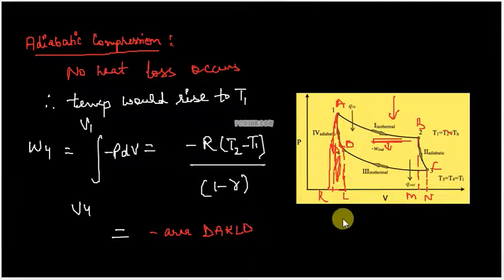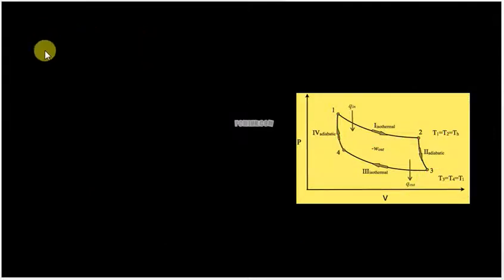Now we have already calculated all four equations, so we would find out what is the work done by the engine per cycle. So this was cycle 1, where in the first case we have total work done by the gas, right? So when the work is done by the gas, the total work is W1 plus W2, because when gas is expanding, the work is done by the gas.